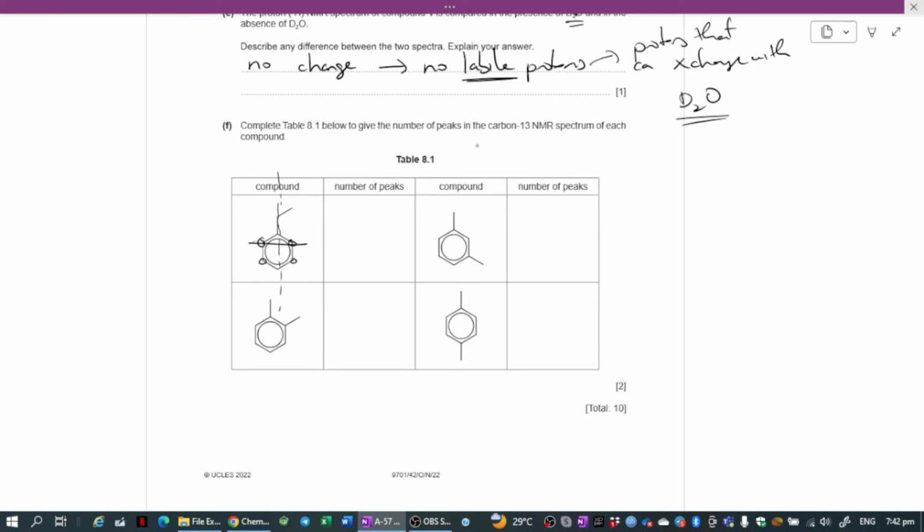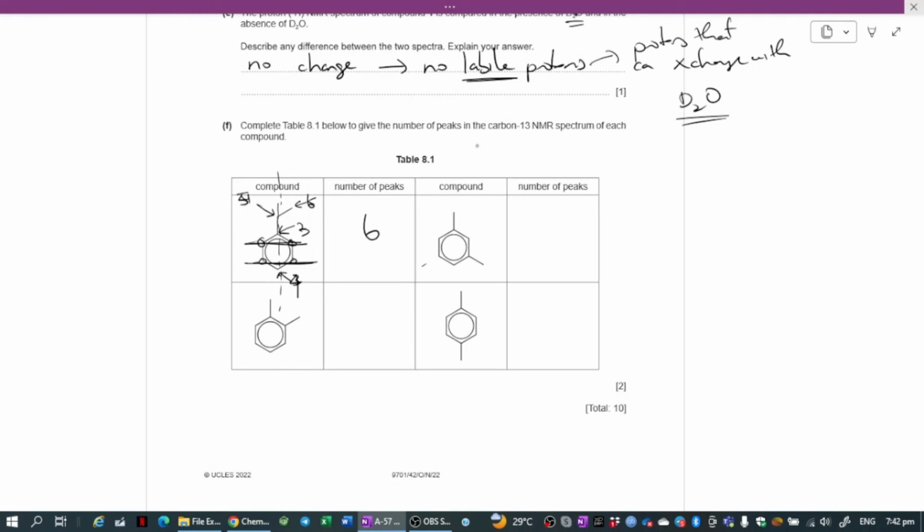So this is one peak, peak number 2, peak number 3, peak number 4, peak number 5. So this is 1 peak, 2 peaks, 3 peaks, 4 peaks, 5 peaks, and 6 peaks, so we get 6 peaks, right?